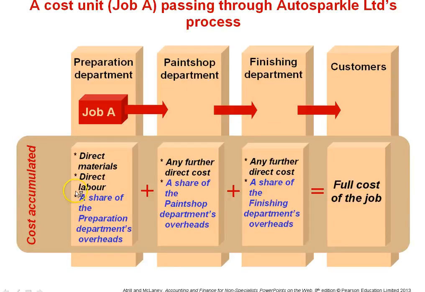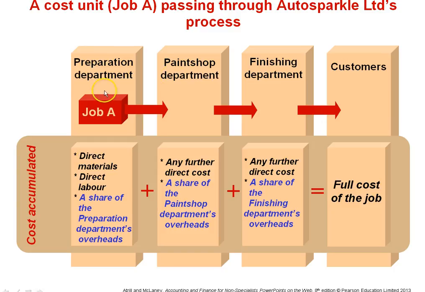So back to our costing process. A typical job, in this case job A, passing through Autosparkle Limited's process, where they are, I don't know what, finishing cars, something like that.